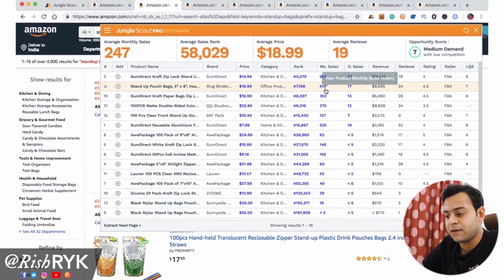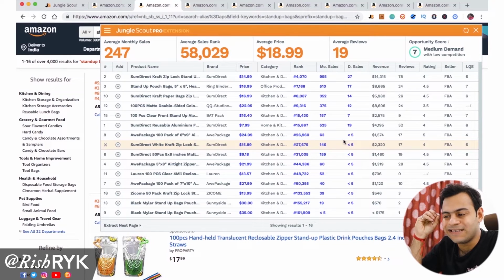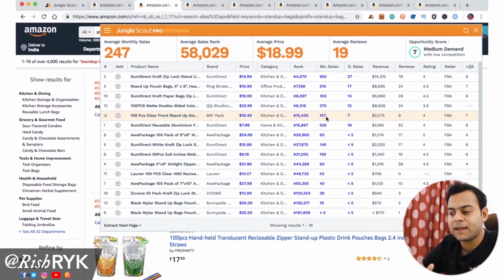The next one is 500, the next one is 352, the next one is 375, 157, 525, etc. So you can see that there is a decent enough demand in the market because all of these different listings are getting a decent number of sales in a month. All of these except the one over here are getting at least 10 or more units sold in a day, which is a very good place to be in.